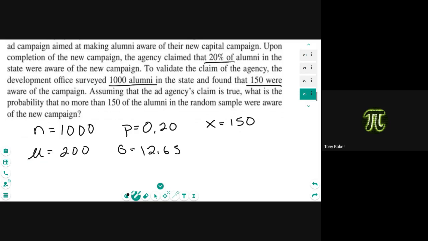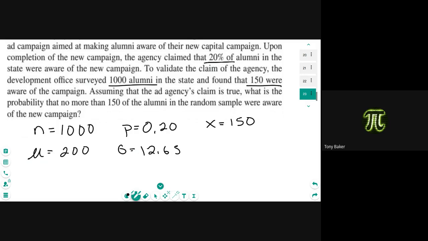If you didn't get 12.65 and you'd like to figure out how to get to 12.65, just ask and I can show you on your calculator. That is the standard deviation.